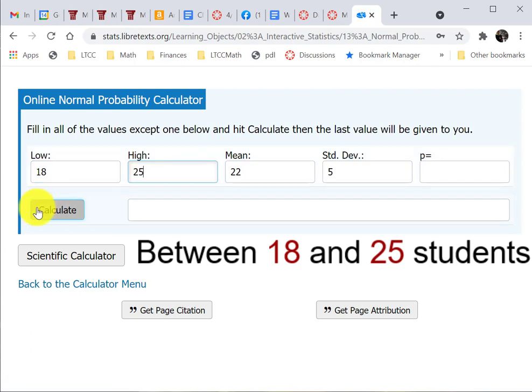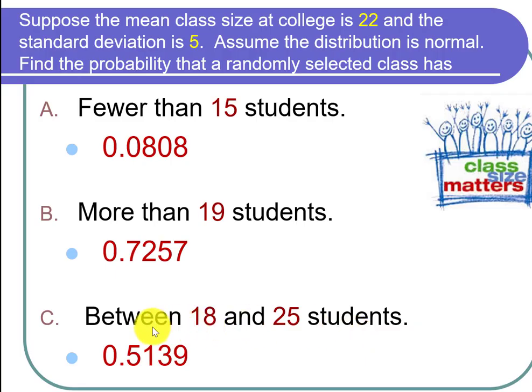That's all there is to it. I hit calculate, and it gives me 0.513891, etc. So I can answer the question very easily now. So the probability that the class will have between 18 and 25 students is about 0.5139.